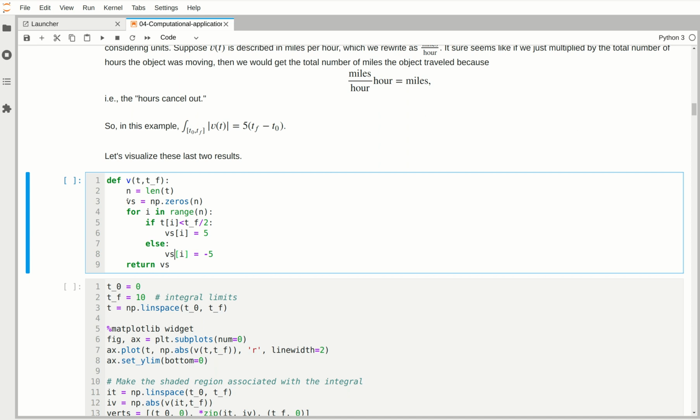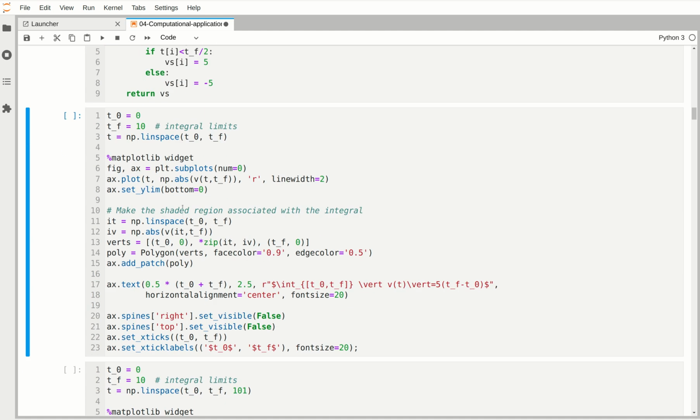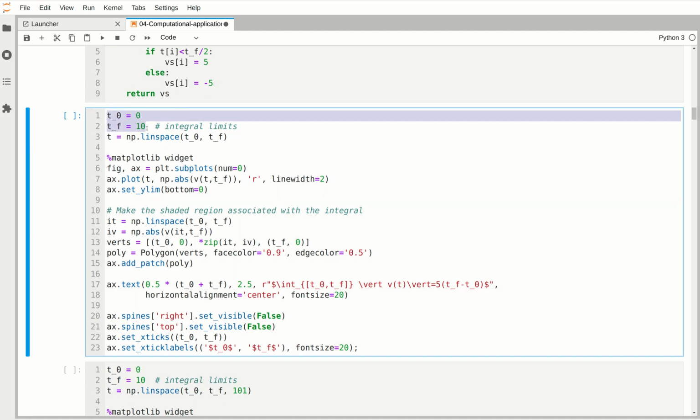And then we're just going to return these velocities, these v's. So I define this very simple function. And then here what I'm doing is just plotting. I'm going to look at 0 to 10 as my length of time. I'm going to create this linspace here. I'm not putting a number of points for this linspace, so it's just using its default value.